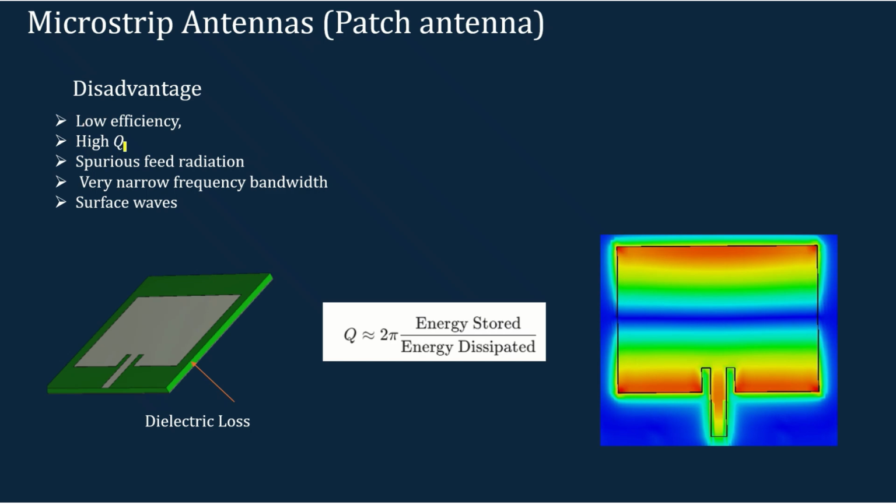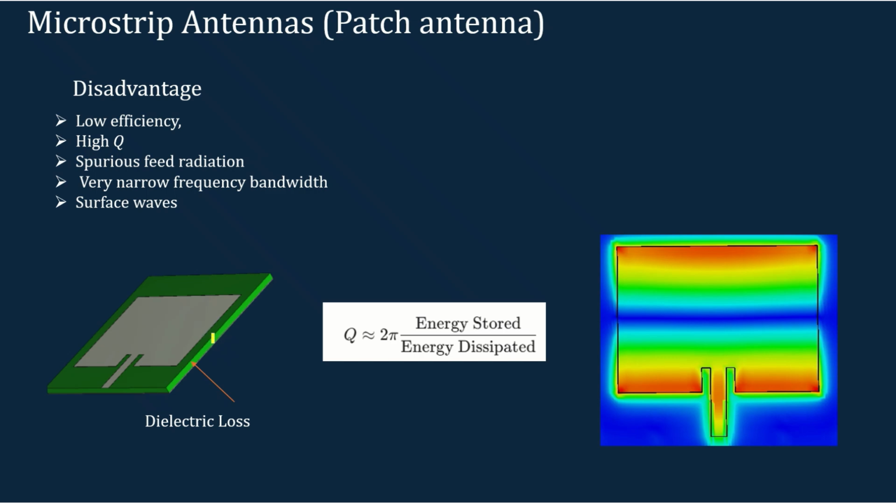Another disadvantage is high Q. In our previous video, we explained what is meant by the Q factor of the antenna. Based on that definition, Q factor is defined as 2 pi times the energy stored divided by the energy dissipated. If you consider this antenna, you can see that this radiating patch is made of metal, the ground is also made of metal, and there is a dielectric in between them.